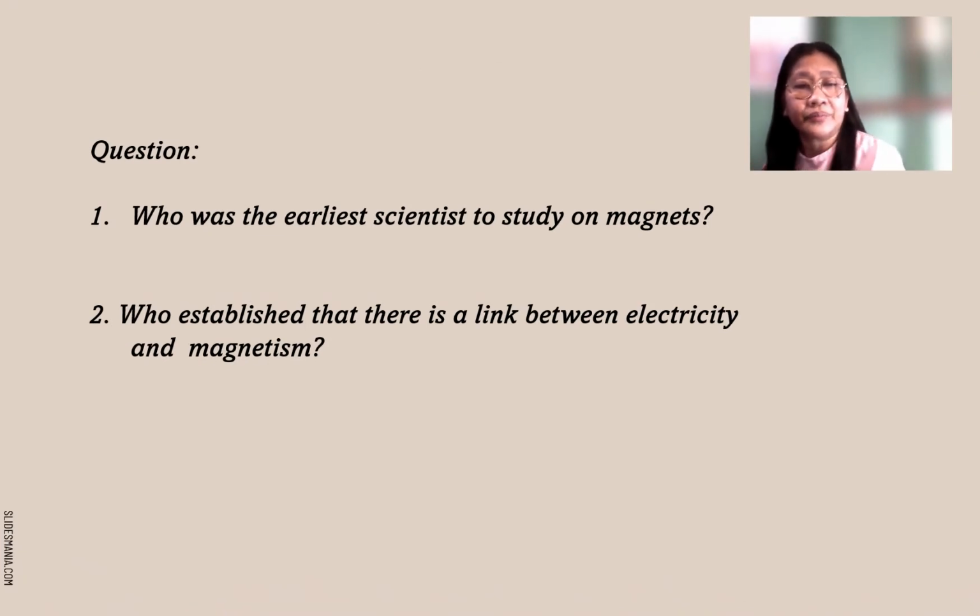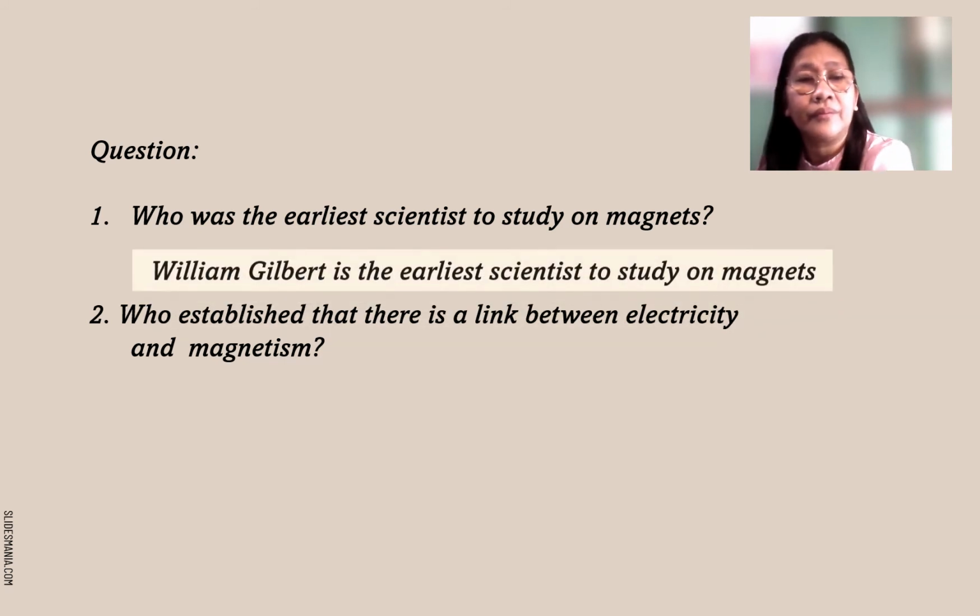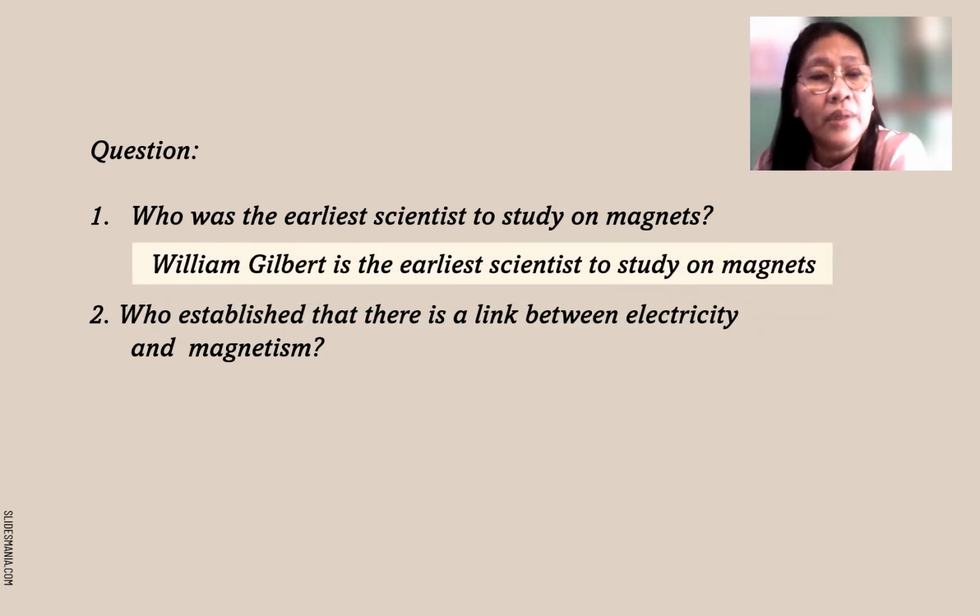Questions. Who was the earliest scientist to study magnets? William Gilbert is the earliest scientist to study magnets. Question number 2.